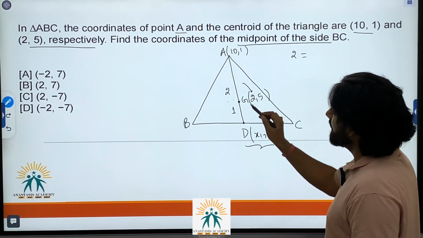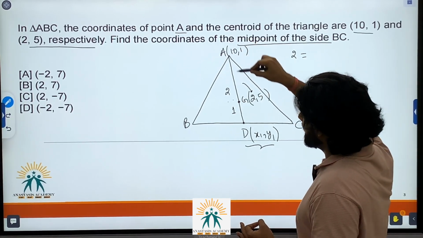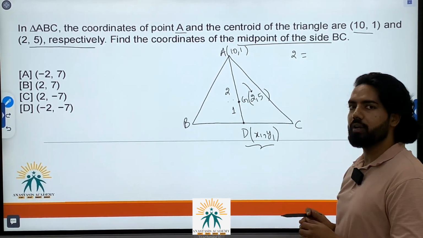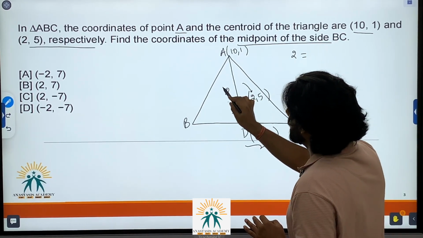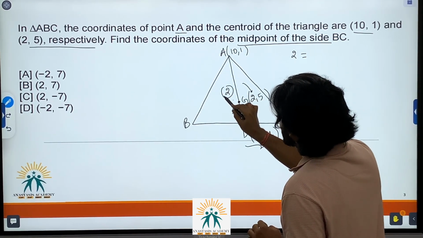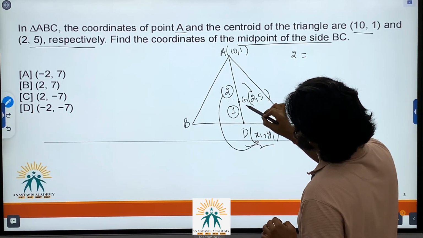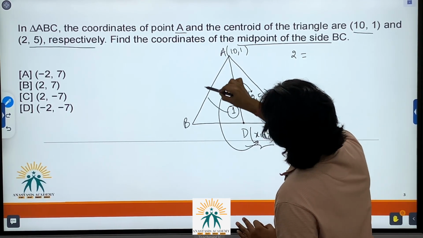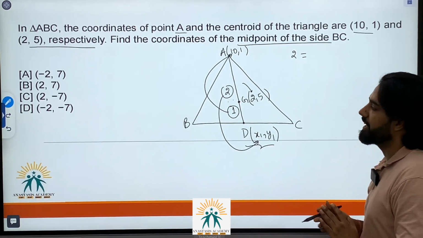How do we find the coordinate of this point which divides two points in the ratio m:n? We first have to multiply the ratio m to the opposite x coordinate, right?